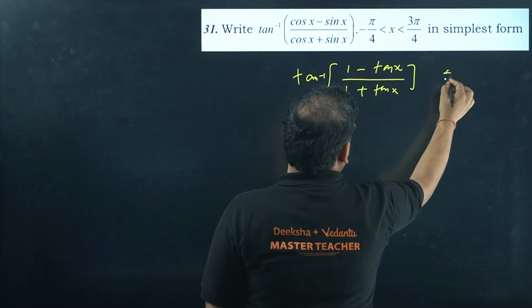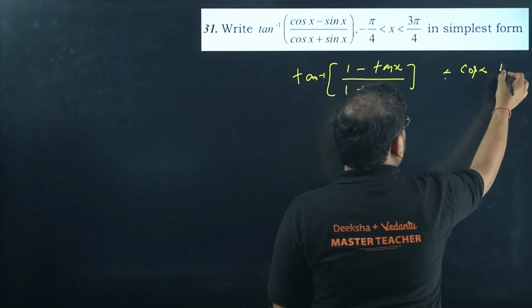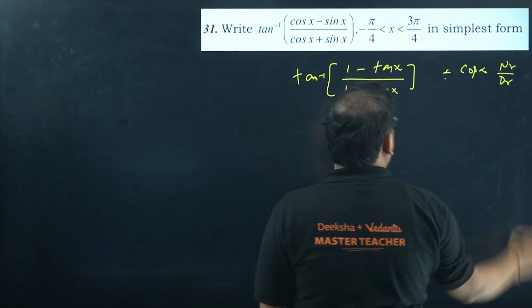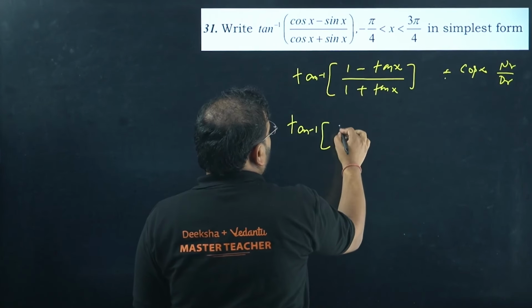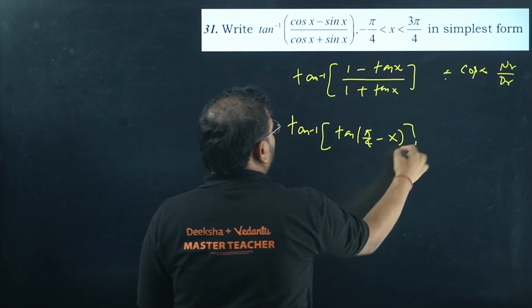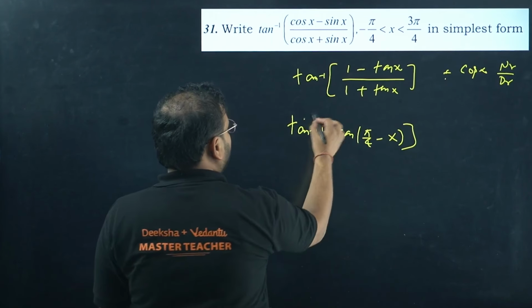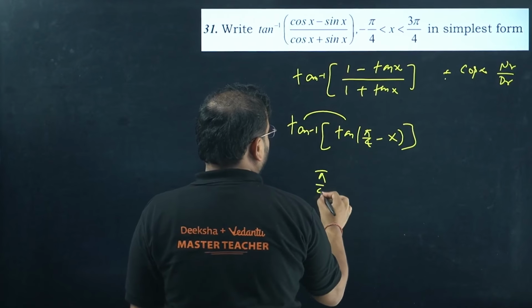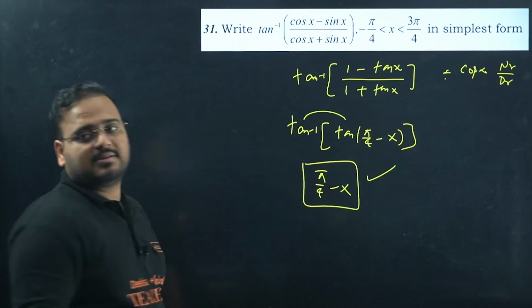I divided by cos x in both the numerator and denominator. Now this is the formula: tan inverse of tan of pi by 4 minus x. Am I right? Tan pi by 4 is 1, and the x term is simply tan x. Tan inverse of tan, so the answer will be simply pi by 4 minus x. That's my result.